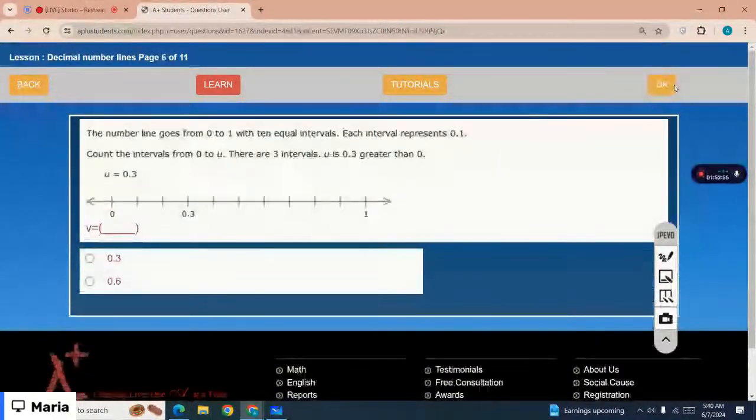The number line goes from 0 to 1 with 10 equal intervals. Each interval represents 0.1. Count the intervals from 0 to u.